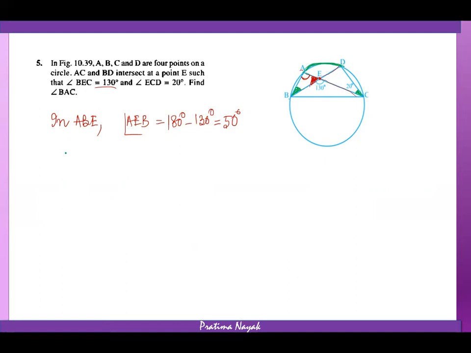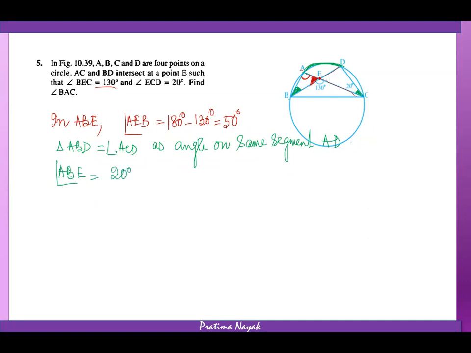So let us write now. Angle ABD is equal to angle ACD as angle on same segment AD. So ABE angle is equal to 20 degree, because that was 20. Now we got AEB, it is 50, and this we got 20 degree.